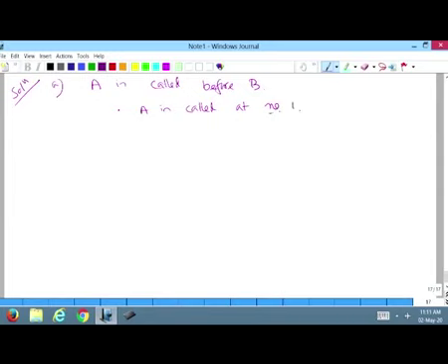Therefore, in the remaining 4 positions, whenever B comes after A, the number of possibilities is equal to factorial 4, because A comes here and in these 4 positions the remaining 4 candidates can come in any order.